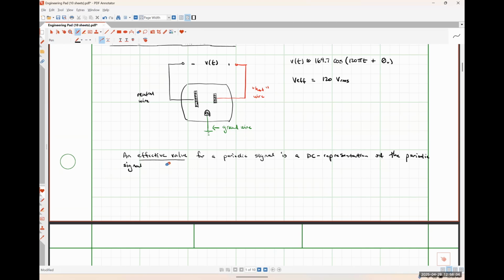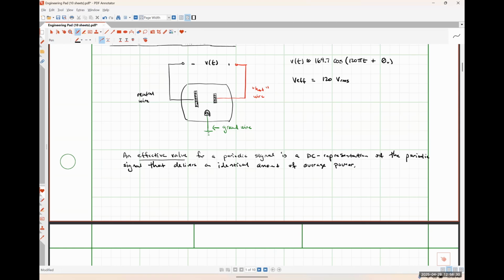So a DC representation of the periodic signal that delivers an identical or equivalent amount of average power.